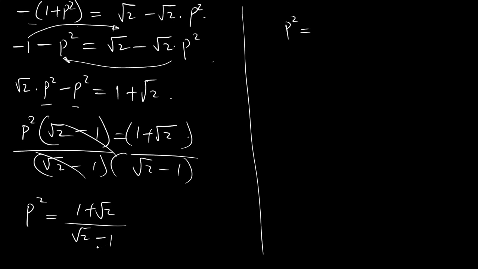Now we use the conjugate of this. So we use the conjugate of the denominator to multiply the numerator and the denominator.